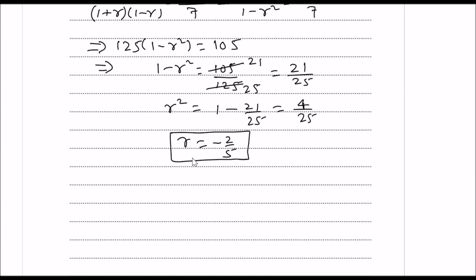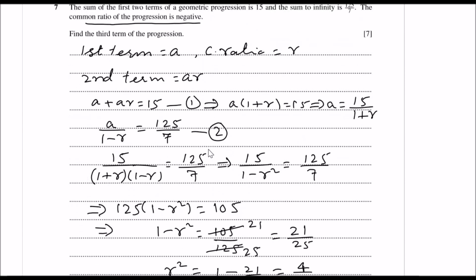Now we need A also for finding the third term, because the question is asking to find the third term of the progression. To find A, we can substitute in equation number 1.